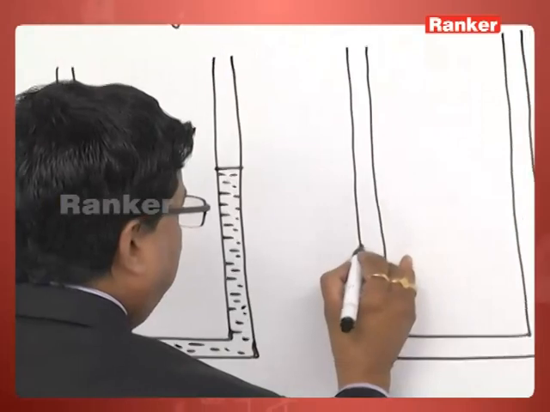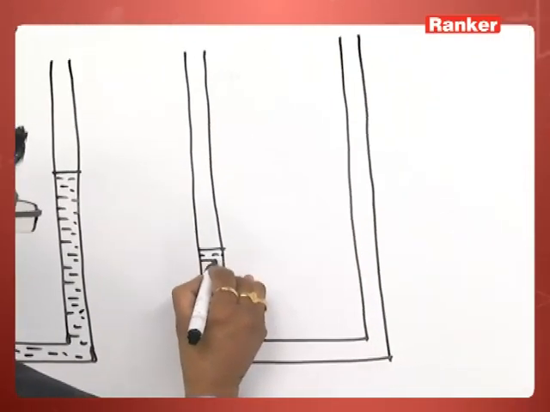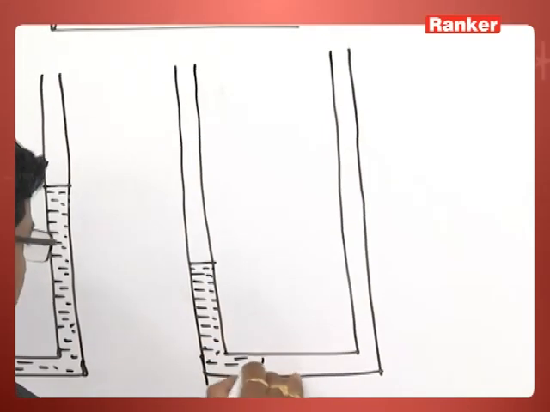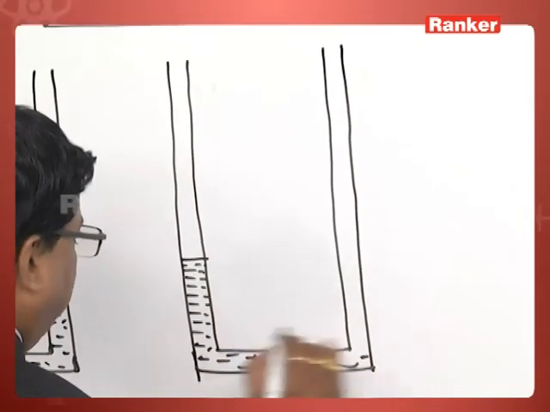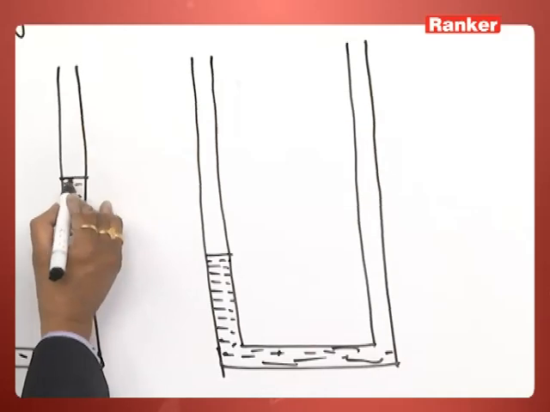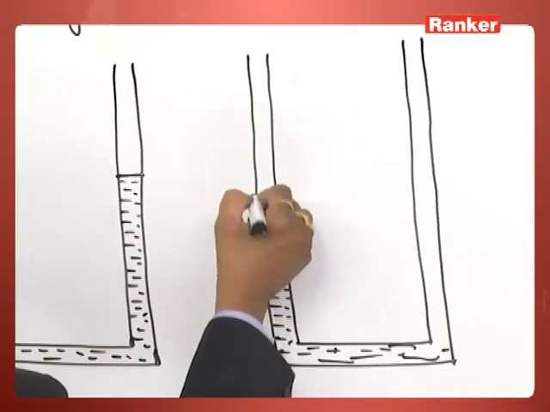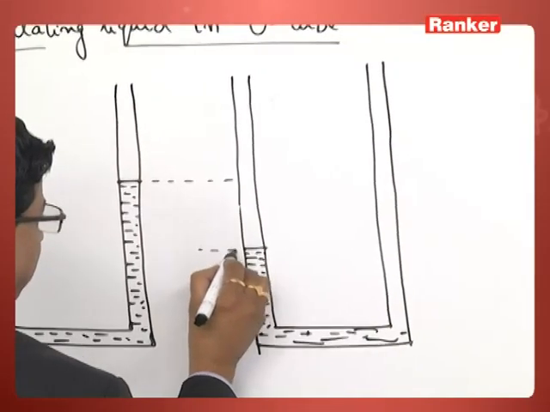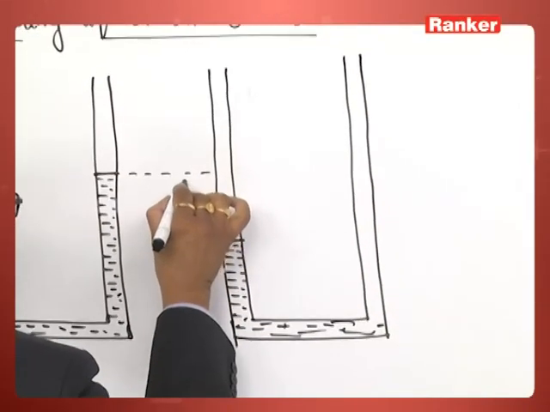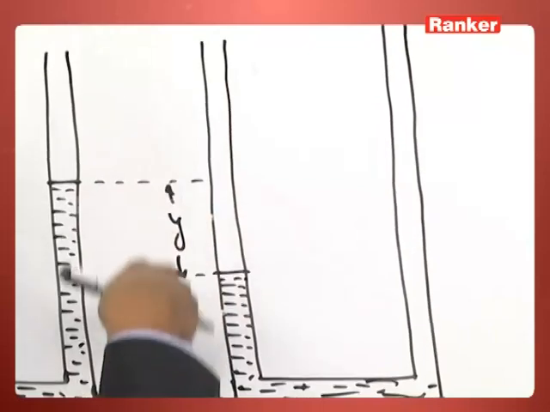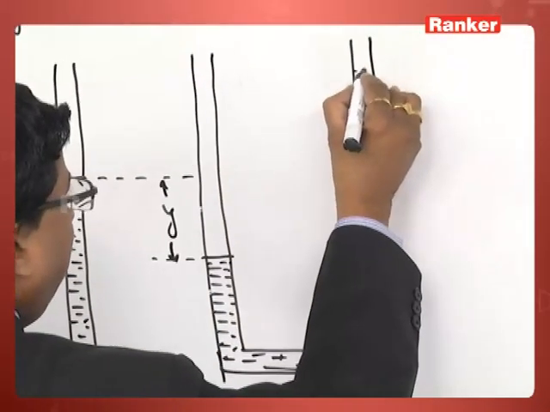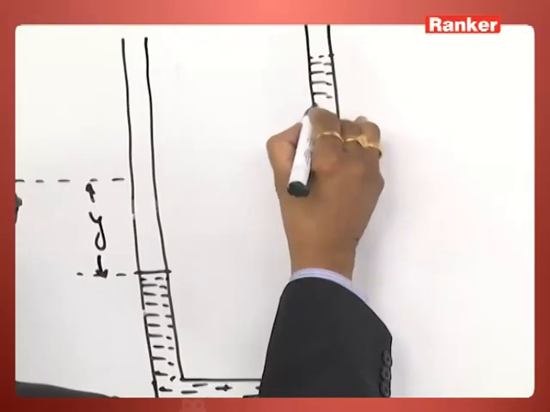Then naturally that level has come down to this. Earlier the level was till this extent, now it has come down, compressed by y. Then automatically the liquid rises in the other limb.